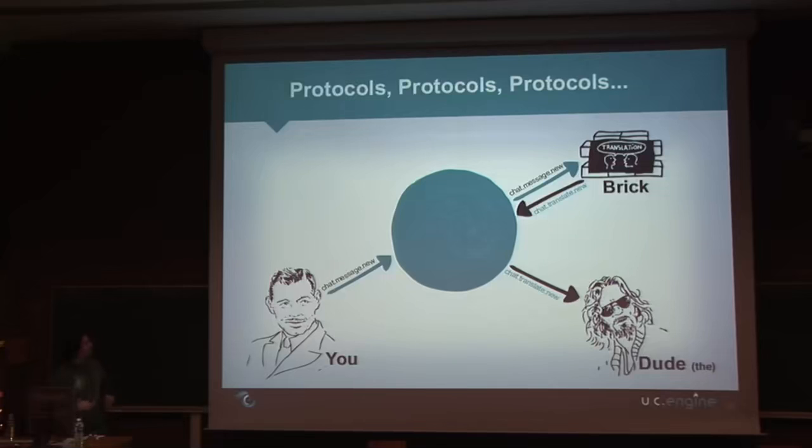UC Engine is built to be generic, as I said. So here you have the behind of the chat protocol. For example, you have messages, events, which use the chat.message.do event type. But when UC Engine sees these events, it doesn't know what kind of event it is.